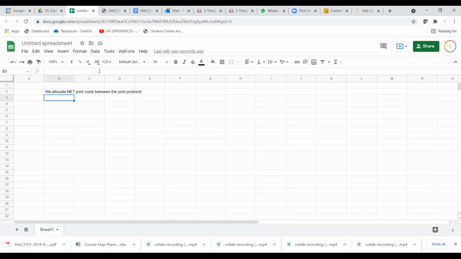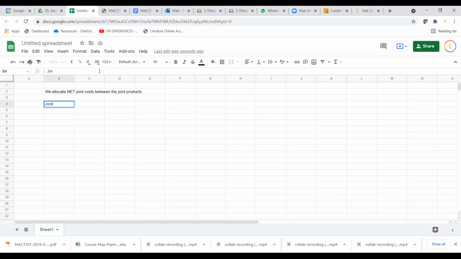Now, what do we mean by net joint costs? Net means something was subtracted from joint costs. What gets subtracted is the net proceeds from the byproduct. So to get net joint costs, we do the following.